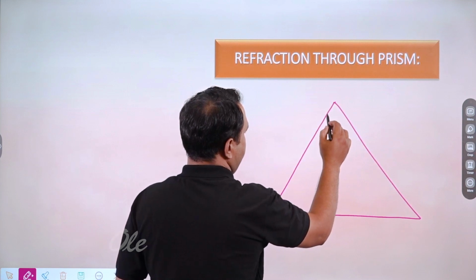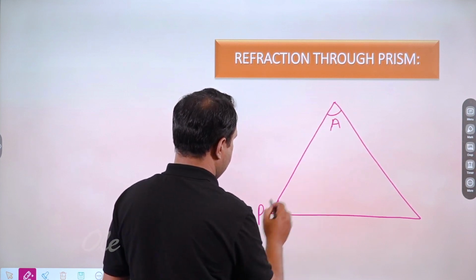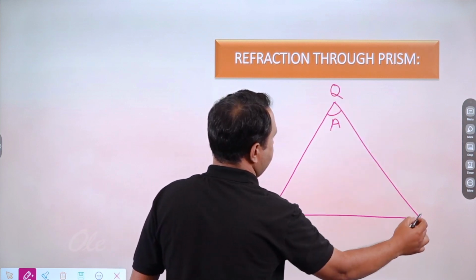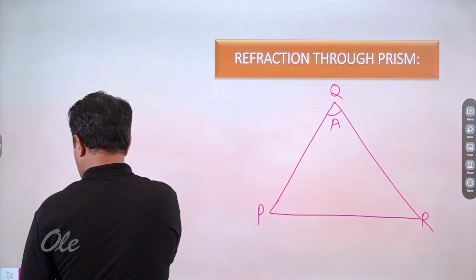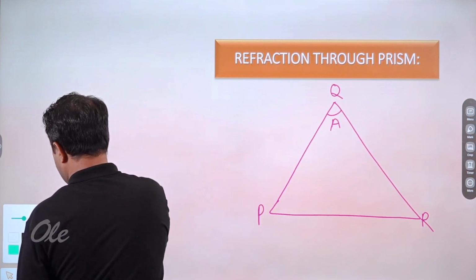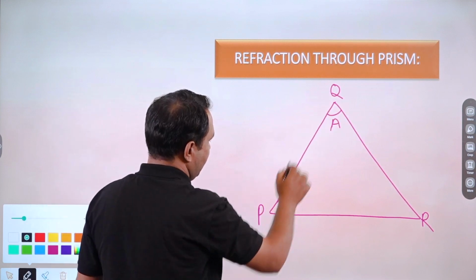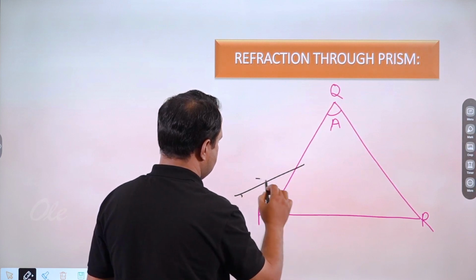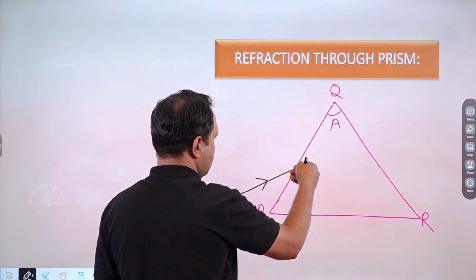So this is the angle of prism A. Suppose PQR is a prism. Any light ray is incident on the refracting surface PQ. So this is the light ray which is incident on this refracting surface.